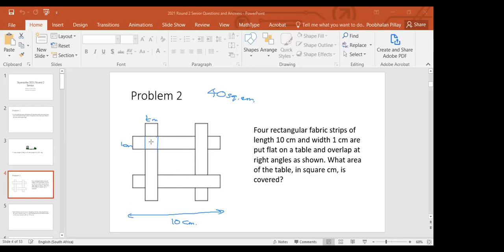So all we need to do is to see what is the area of this. Well, it's quite clear that the area is 1 centimeter across. So each of these is 1 square centimeter. And there are 4 of them.